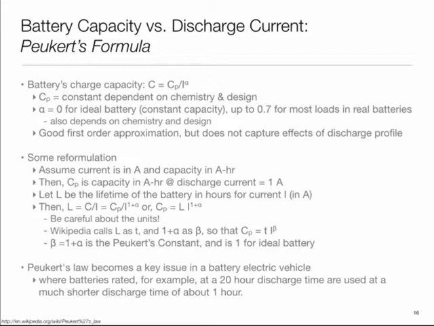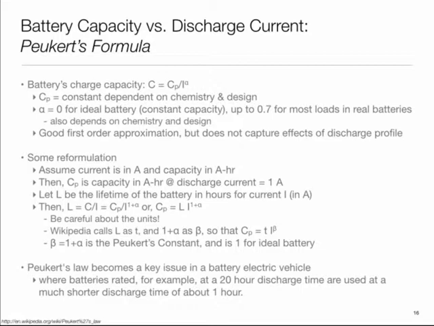Let L be the lifetime at current I in amperes. Then L is equal to capacity divided by the current. Plugging it in, I end up with Cp equal to L multiplied by I to the power 1 plus alpha. With this equation one has to make sure you're getting the units right, because we have this to the power alpha.